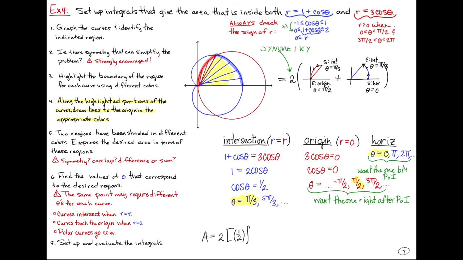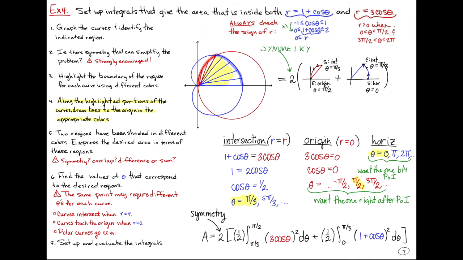So we have the integral from pi over 3 to pi over 2 of 3 cosine theta, quantity squared, d theta, plus 1/2 the integral from 0 to pi over 3 of 1 plus cosine theta, quantity squared, d theta. Anytime you are using symmetry, you should definitely note it as part of your answer.